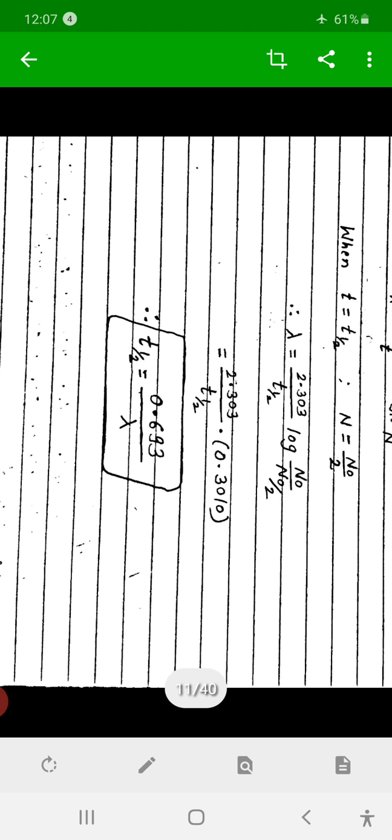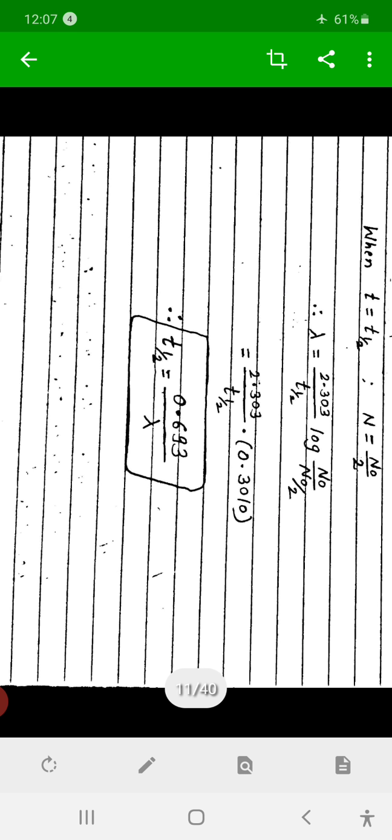In many problems T half is given, then with the help of this equation we calculate lambda from T half. But when lambda is given, from lambda we calculate T half also from this equation. Therefore this is an important equation. Remember that T half is equal to 0.693 upon lambda.